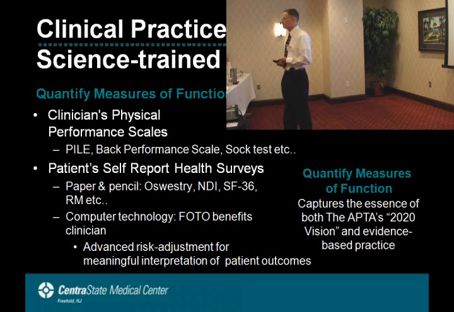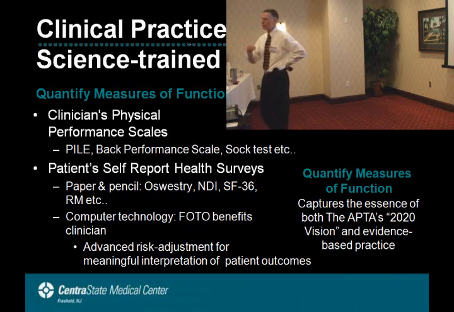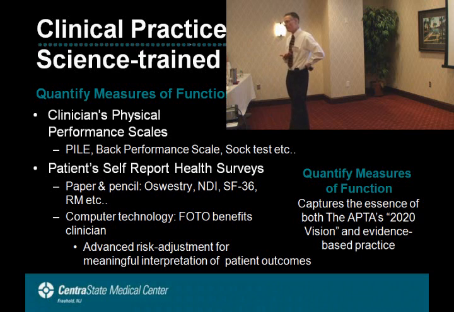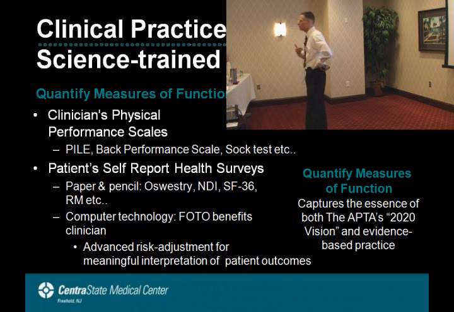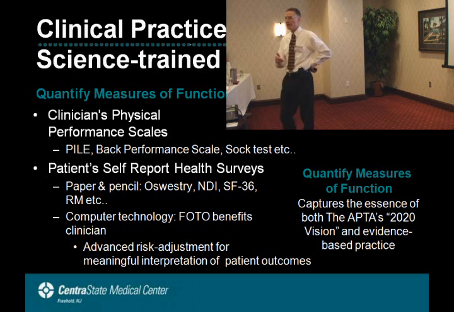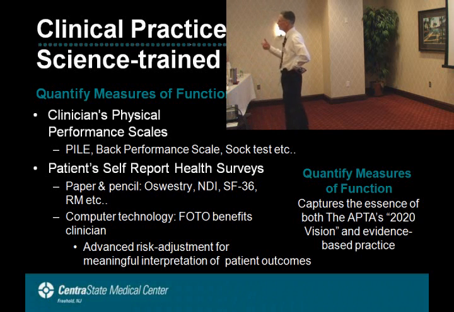What's the difference? What type of data do clinicians' physical performance measures give us? This is data concerning what? It provides us with information about the patient's ability to complete a task. Well, self-report measures, just as sound and reliable and valid and responsive, provide us with information concerning the patient's expectations or experiences associated with performing all their tasks.